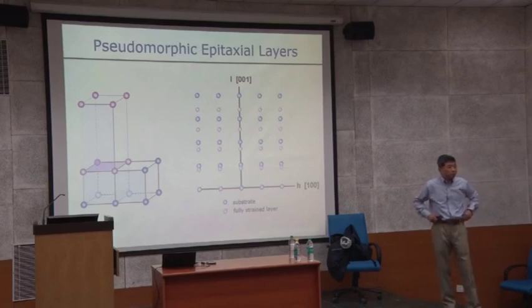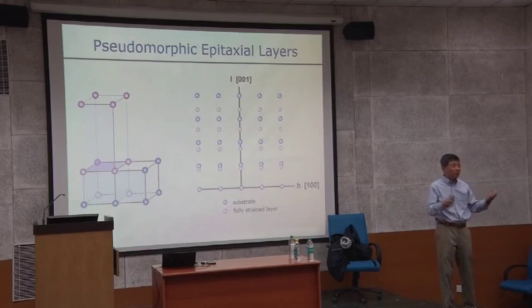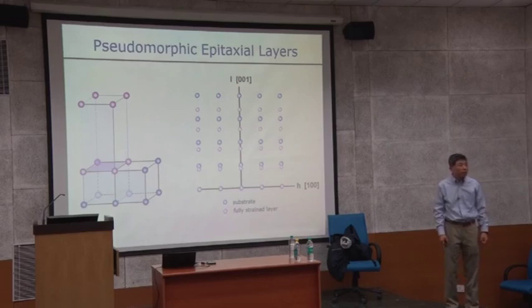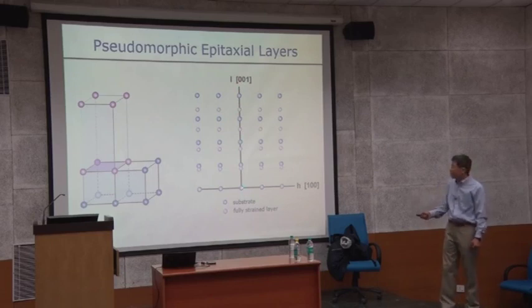So when you do X-ray diffraction of thin films, normally you scan only this direction. When you scan that direction, what you will see is, instead of one peak, suddenly you have two peaks.